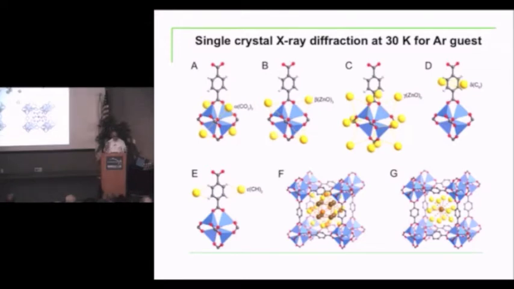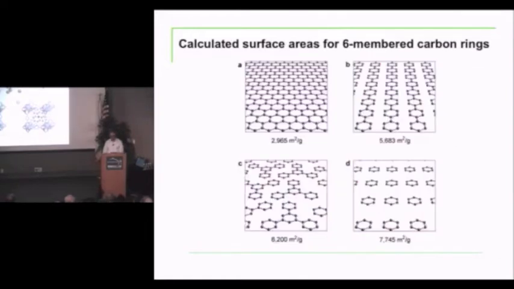This was very exciting because it meant that everything in the MOF potentially can be an adsorptive site. And so that could give us maximum adsorptive capacity. And the fact that the edges are also adsorptive sites made us think more about how to design structures that are replete with open faces but also open edges. And so the more exposed the edges are, the higher your surface area is going to be.